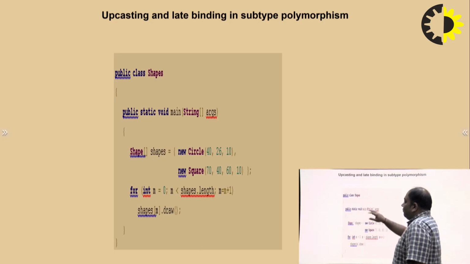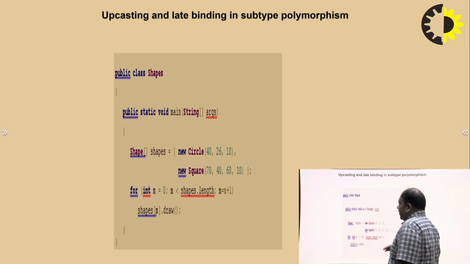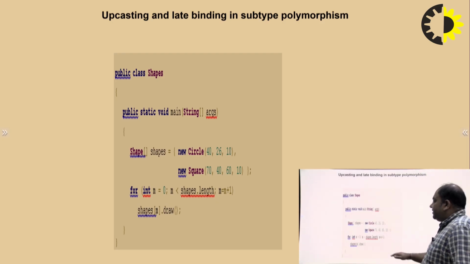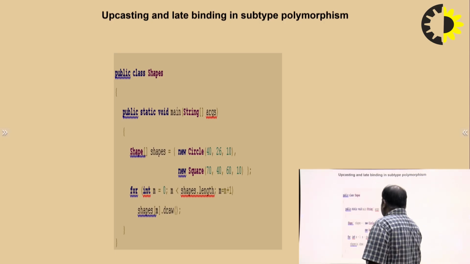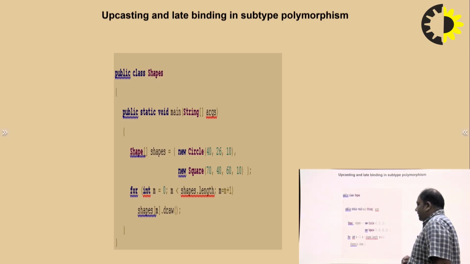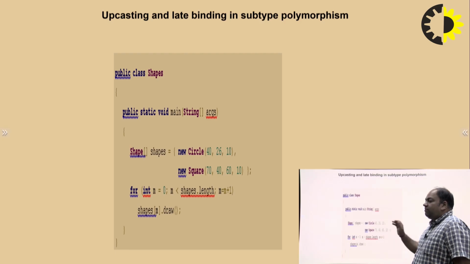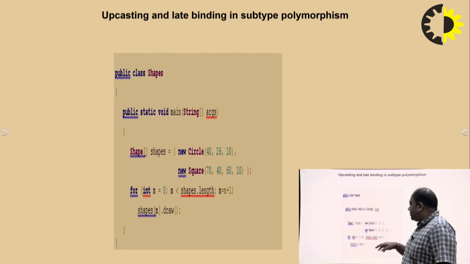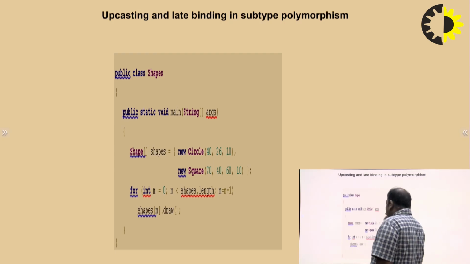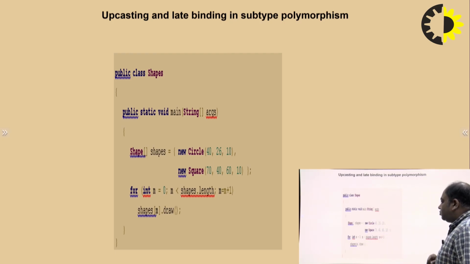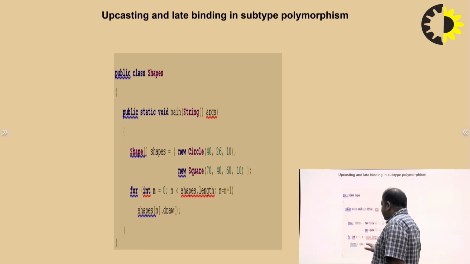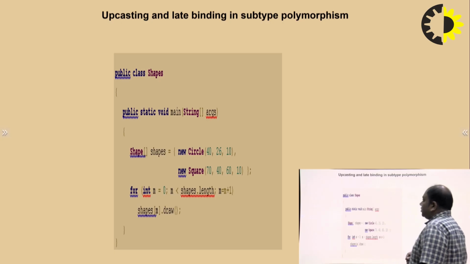Now we create a main class with the name Shapes, and in these Shapes we define their values in a circle and in a square. In the circle we give three values, int x, int y and the radius. In the square we give four values, x1, x2 and y1, y2, for defining their length. Then we draw those shapes.